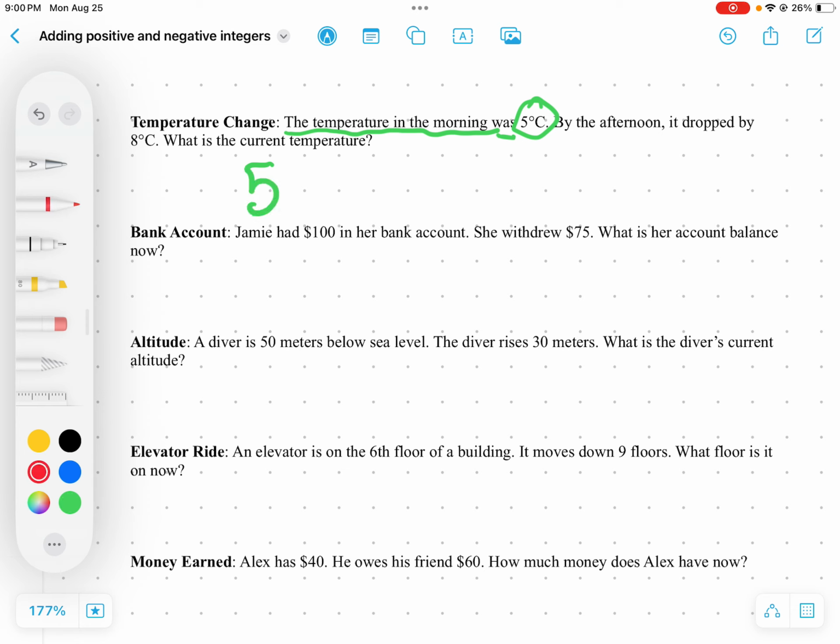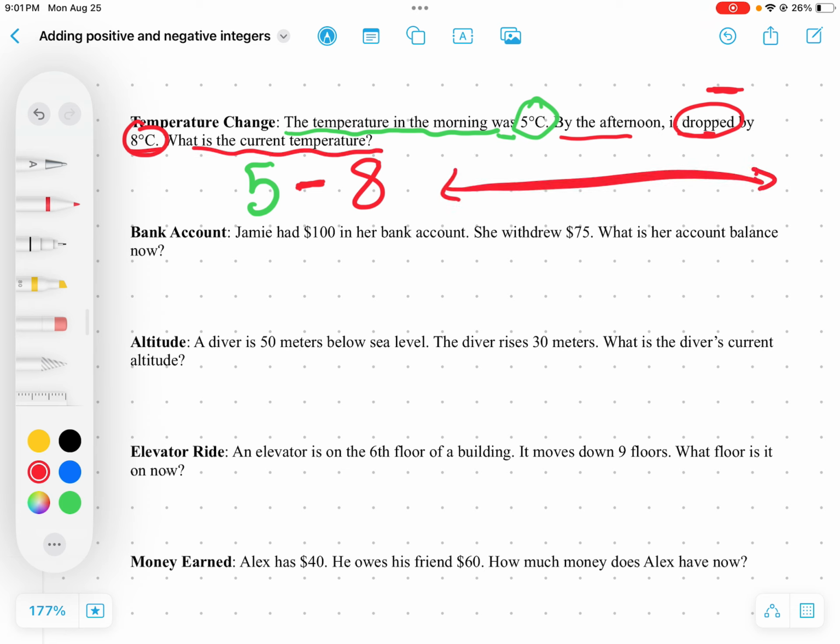And it says by the afternoon it dropped 8 degrees. Okay? So that means we're dropping. This is a negative word, and then we have an 8. So we drop 8 degrees. What is our current temperature? Okay, so if we have our number line right here, we're going to start at that positive 5, which is going to be 1, 2, 3, 4, 5, right about here.